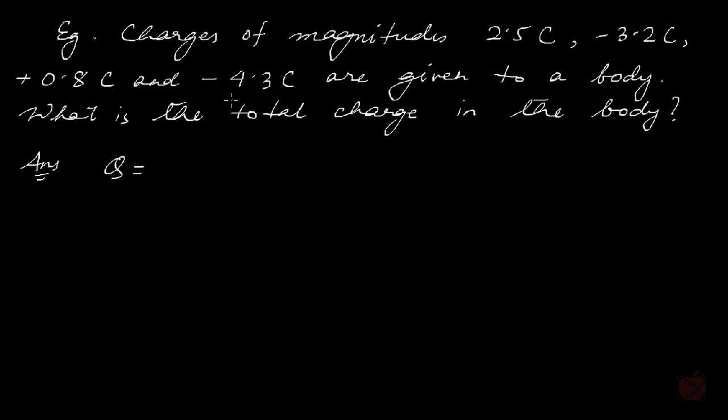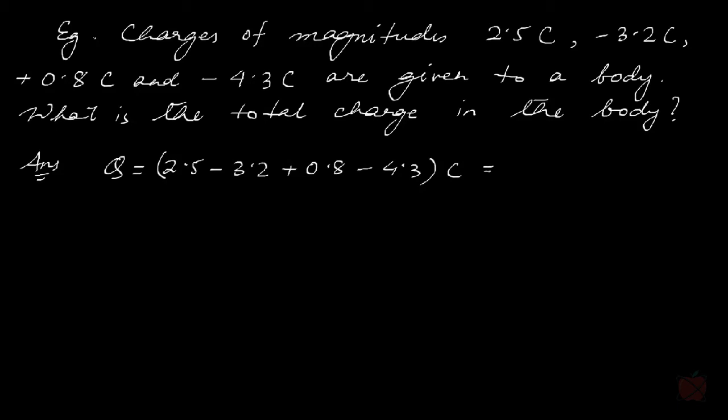I can just add them directly, because I can see that all the units are the same. So this will be 2.5 minus 3.2 plus 0.8 minus 4.3, and the unit will be in coulomb.